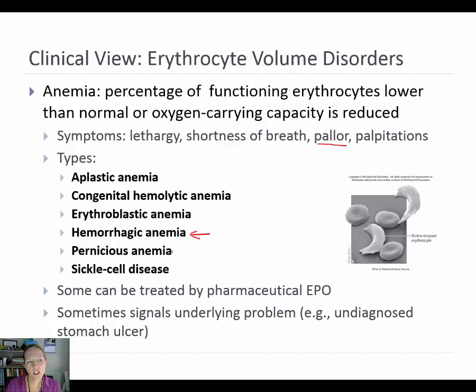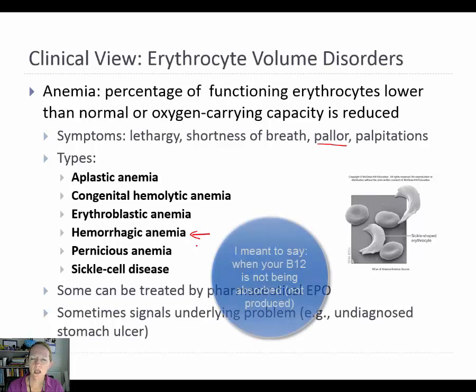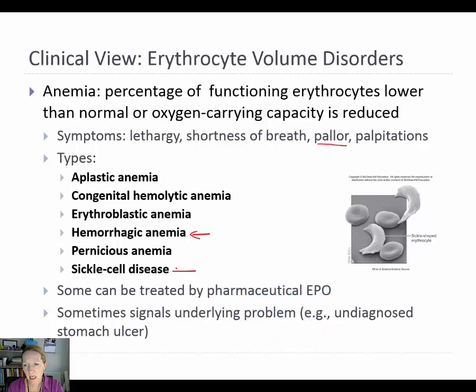Or it can be because you don't have the proper tools to build a red blood cell, like pernicious anemia. If you don't have enough B12, or your B12 is not being produced, then that is going to lead to pernicious anemia. Or it can be genetic, because your body's not making the proper hemoglobin shape.